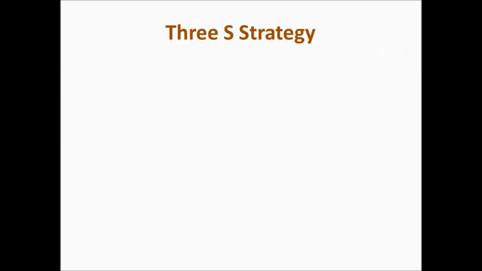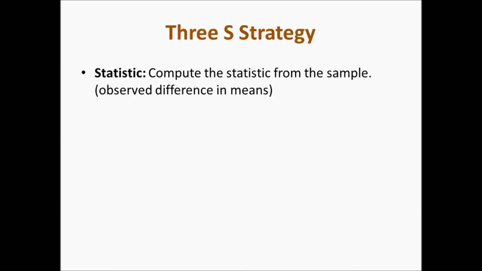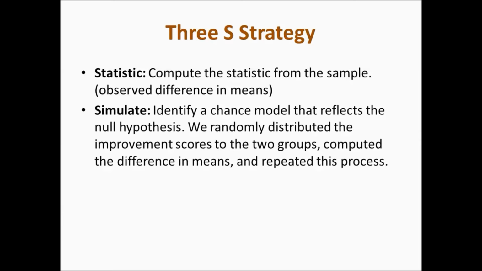Let's summarize what we have done using our 3S strategy. We first computed the statistic from our sample. In this case, it was the observed difference in means of 15.92 milliseconds. Then we identified a chance model that reflects the null hypothesis. We used cards representing the improvement scores and randomly distributed them into two groups, sleep-deprived and unrestricted sleep.